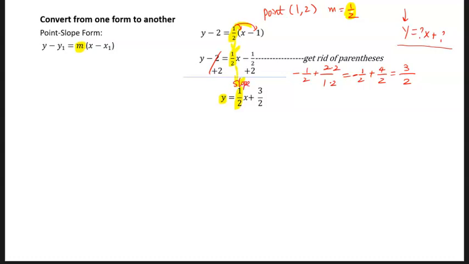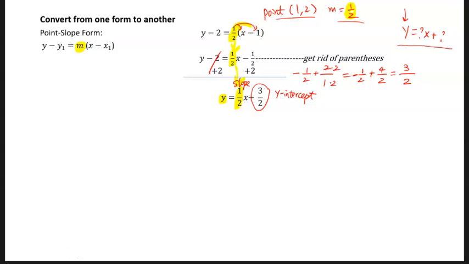And there's another number, plus 3/2, which is not given anywhere in the problem. The 1/2 is the slope, and this number 3/2 we do have a name for. It's called the y-intercept, and I'll explain why.